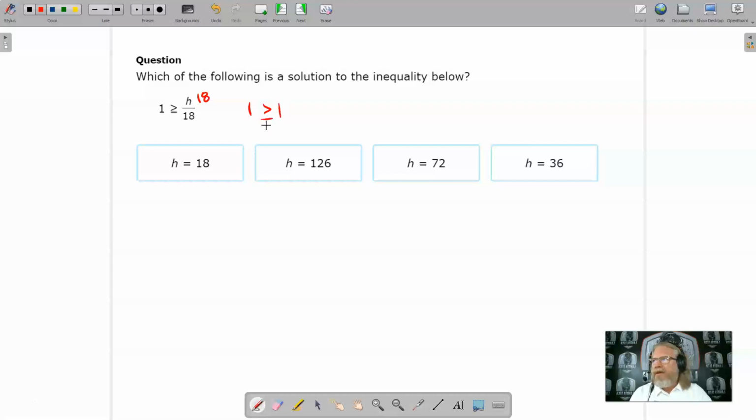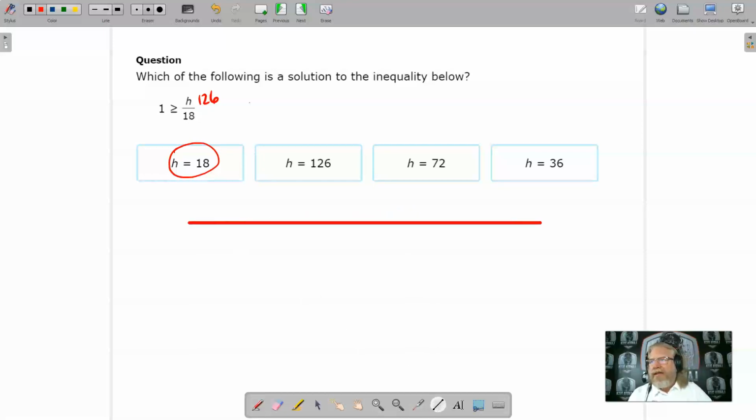Well, we have the equals concept, so 18 does work. And then you'd have to do the math again, and you'd have to do 126 divided by 18, and that's going to end up with something that's definitely greater than 1, right? So if you think about graphing it instead, let's do it that way.